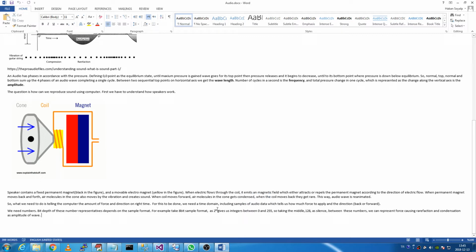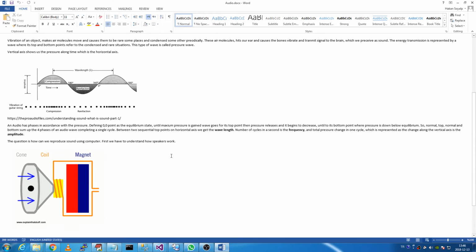2^8 numbers between 0 and 255. So we take 128 as the middle point, and between these numbers we can represent force causing rarefaction and condensation as the amplitude of the wave.